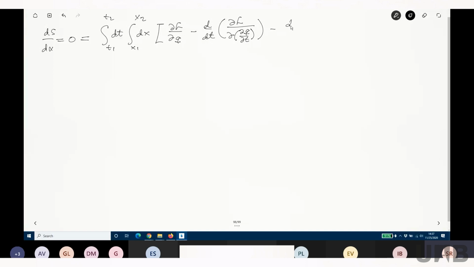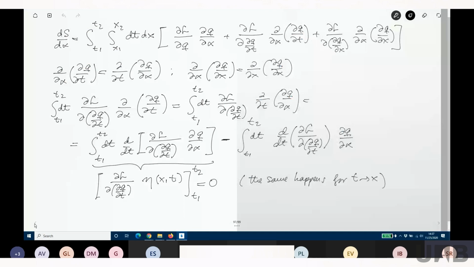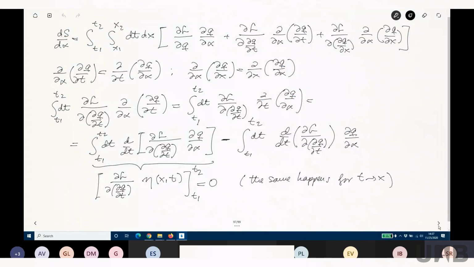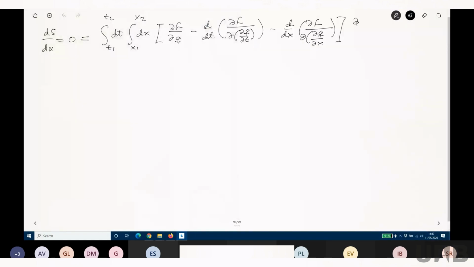And then the same thing with x: d/dx of the partial of L with respect to the partial of q with respect to x. And this whole thing is multiplied by dq/d alpha, which is nothing but eta of x and t.